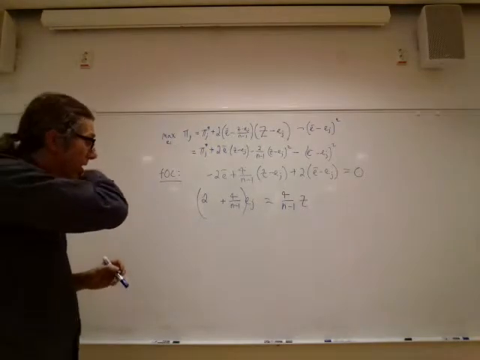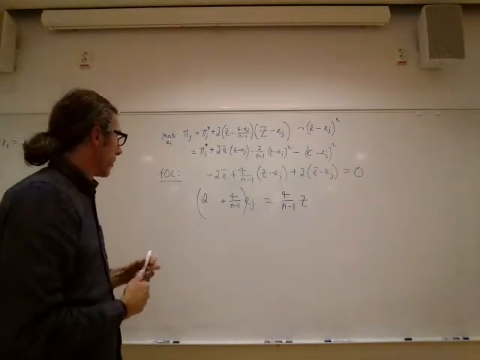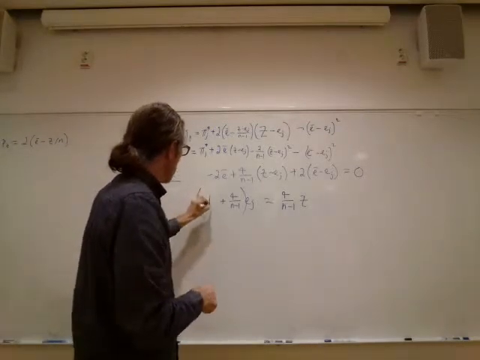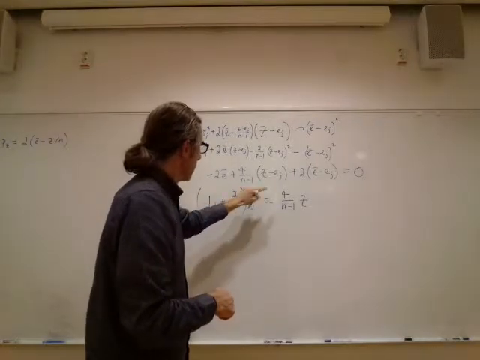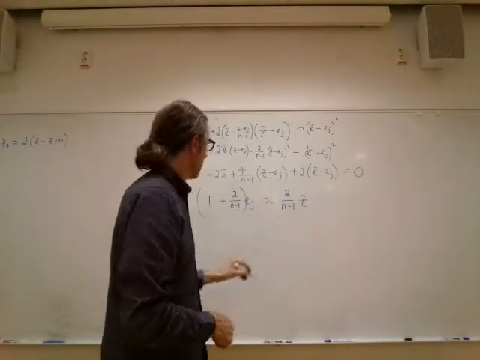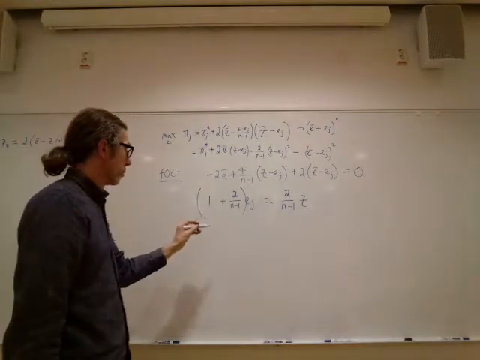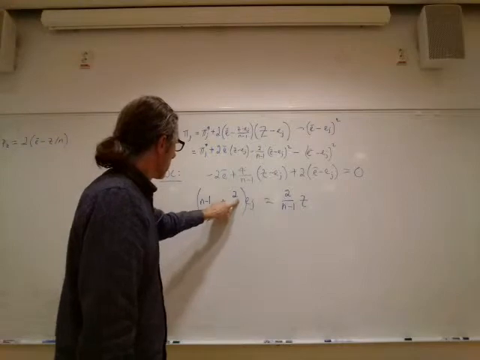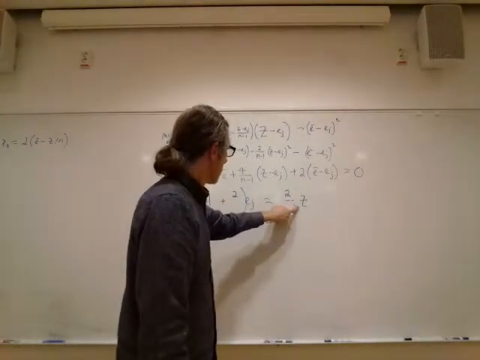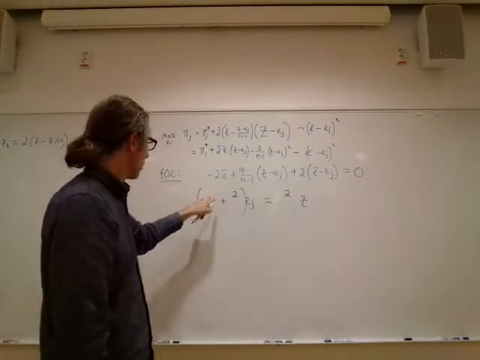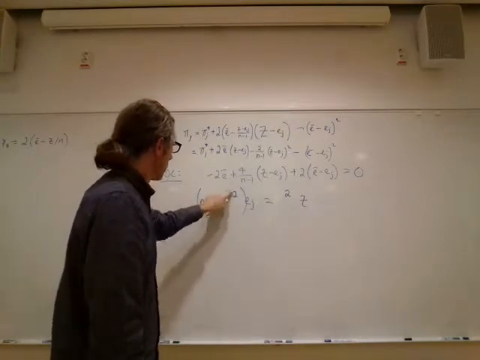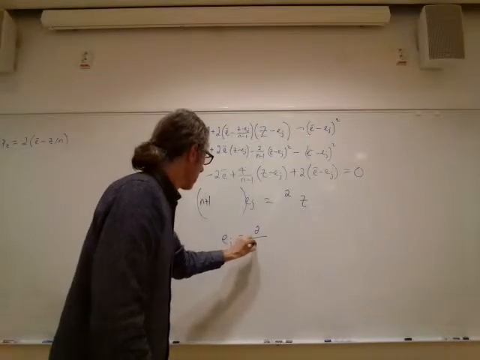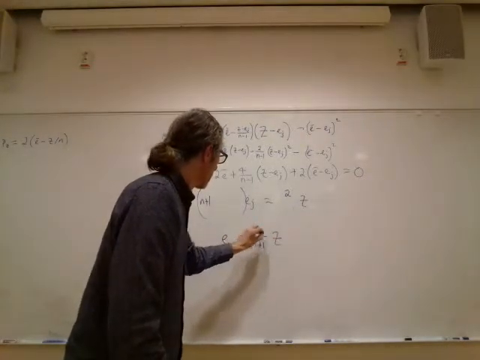Okay, so if we divide both sides by 2, we get 1 plus 2 over n minus 1 times Ej is 2 over n minus 1 times Z. If we multiply through by n minus 1, we get n minus 1 plus 2 equals 2Z. n minus 1 plus 2 is n plus 1. So we get Ej is 2 over n plus 1 times Z.